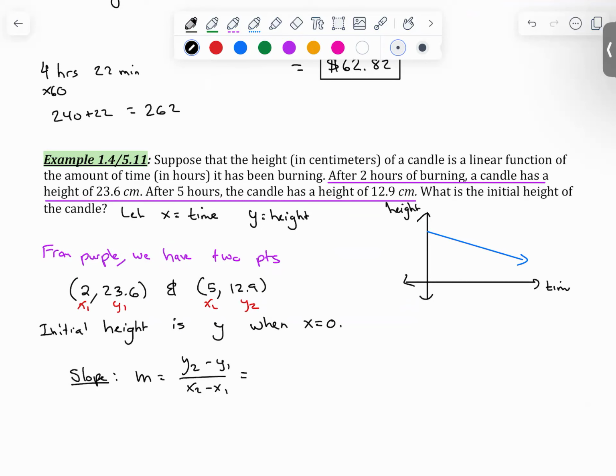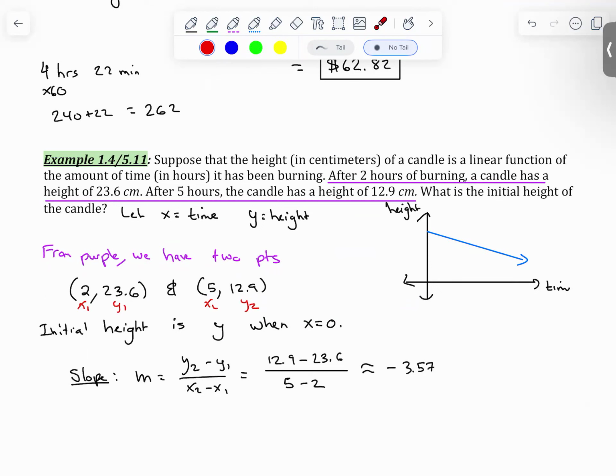And that'll be 12.9 minus 23.6 divided by 5 minus 2, which when you plug that into your calculator, you'll get approximately negative 3.57. So approximately negative 3.57 is our slope, and that rate would mean that it's decreasing. The height of the candle is decreasing about 3.57 centimeters per hour.